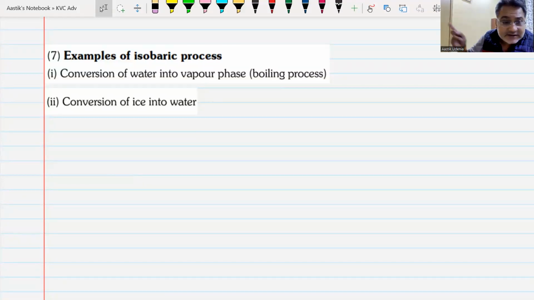We have seen the question that came in last year's JEE where they were boiling water. In this question, a similar question is made for melting of ice. And I told you that when ice melts, the change in volume is very less, but there is some change in the volume, and this question is based on that.